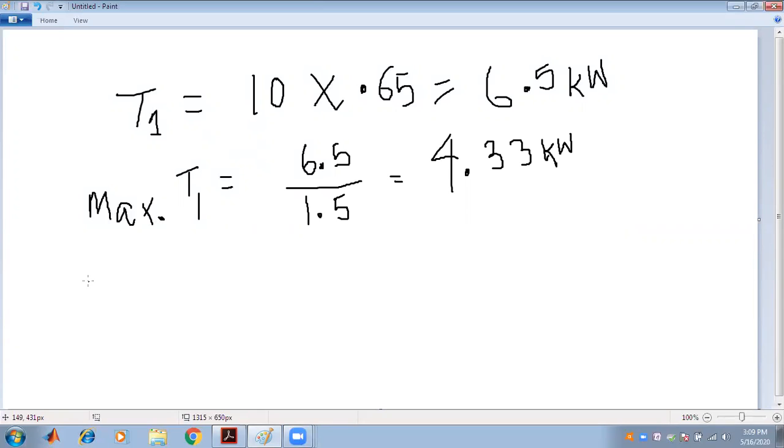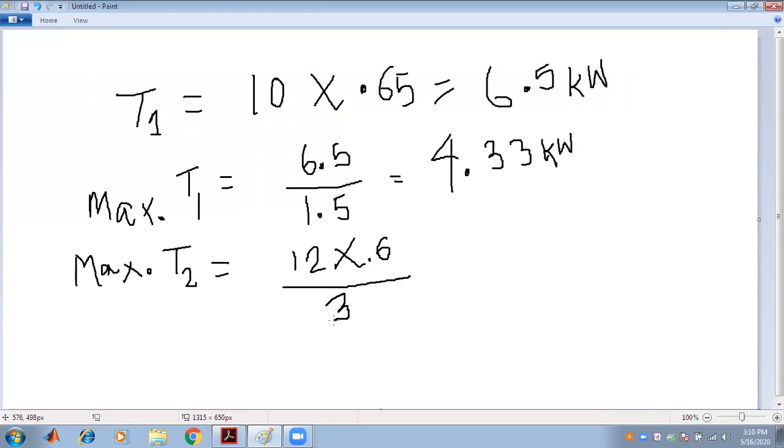Now, the maximum demand on transformer 2 can be found using the previous concept.